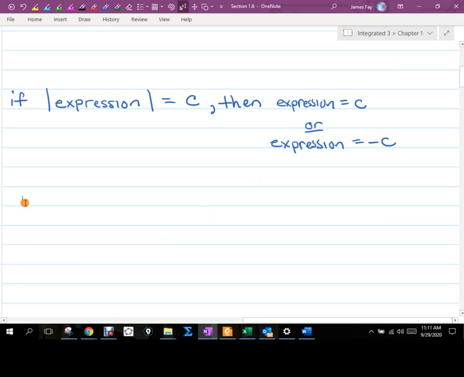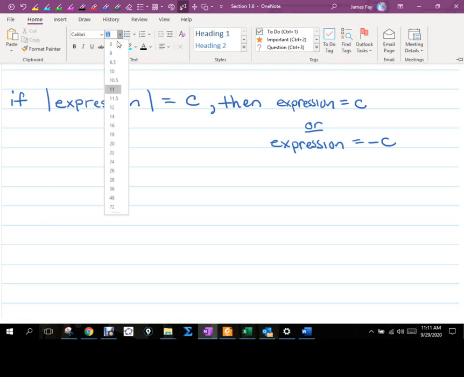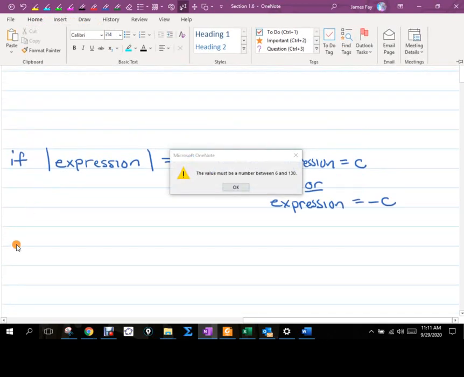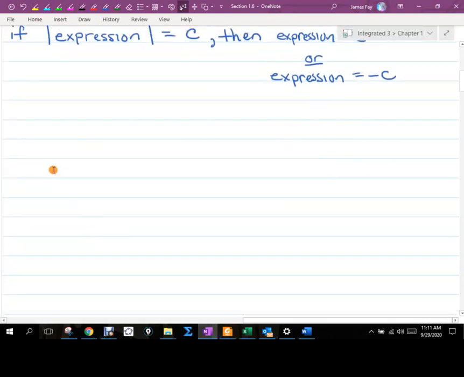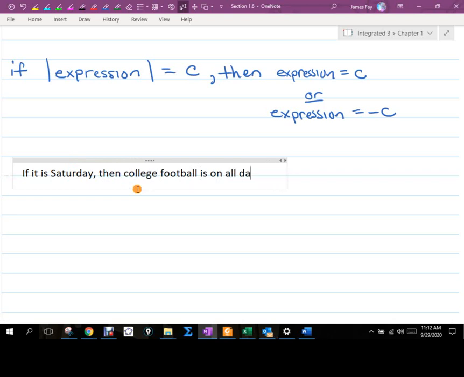Like if I had a phrase like this, let's say, if it is Saturday, then college football is on all day long. Okay, let's say I have that. Let's say that's a true statement, which is roughly true, right?